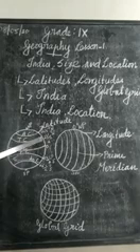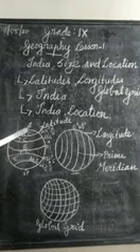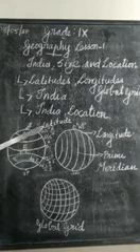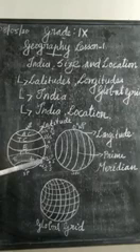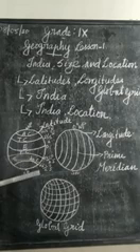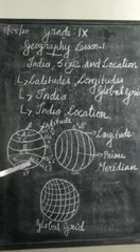Tropic of Cancer is marked as 23.5 degree north. Arctic Circle is marked as 66.5 degree north. Tropic of Capricorn is marked as 23.5 degree south. Antarctic Circle is marked as 66.5 degree south. These are the important latitude lines.